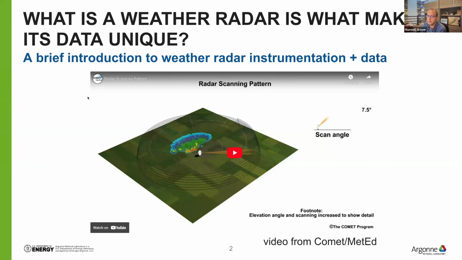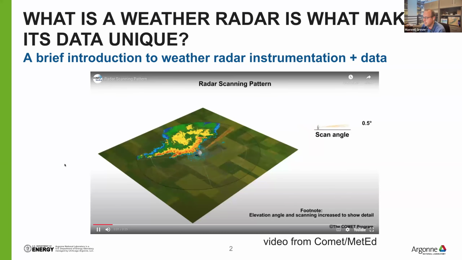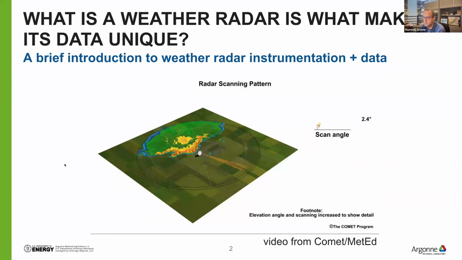So weather radar data: what makes this data unique, and why do we need toolkits to work with it? This is a video from the COMET program, the MET-ED module, showing how radars work. It's a meteorological observation network and an instrument that gives us information mainly about precipitation in clouds.